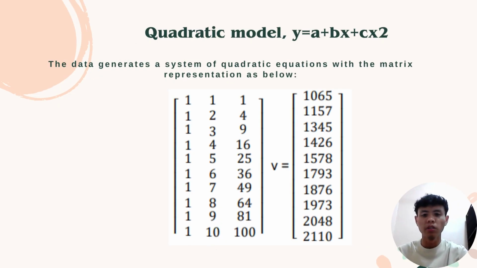Now I will continue with the quadratic model. The equation of the quadratic model is y equals a plus bx plus cx squared. The data generates a system of quadratic equations with the matrix representation as below. On the left side we have the M matrix, and on the right side we have the Y matrix.